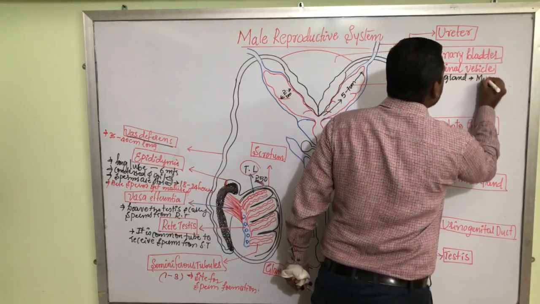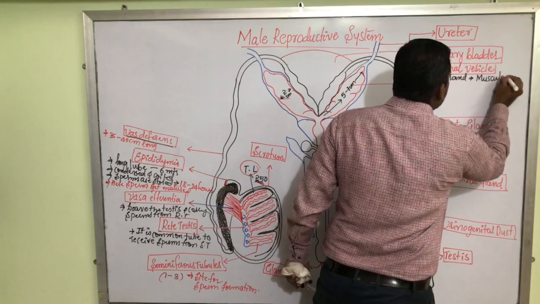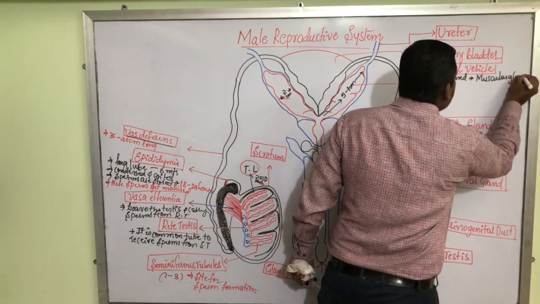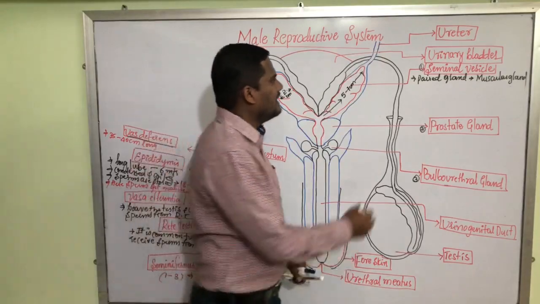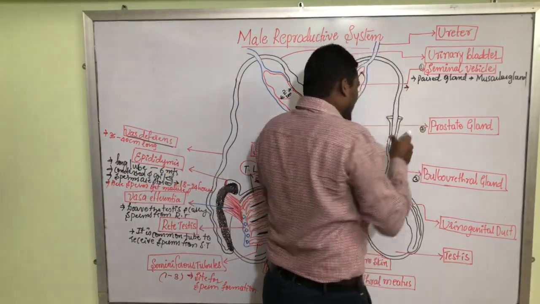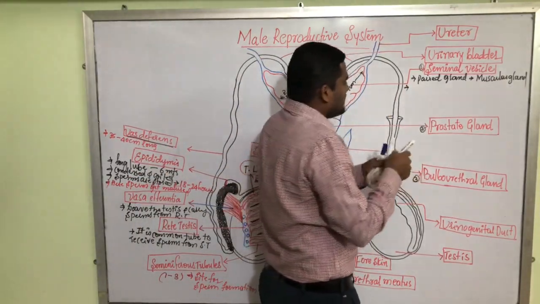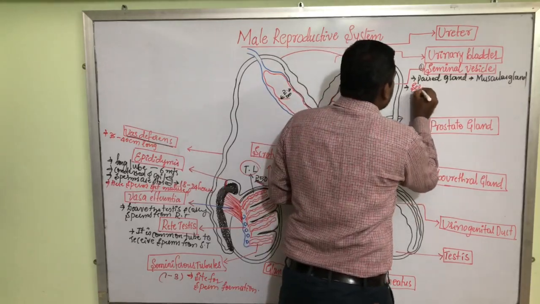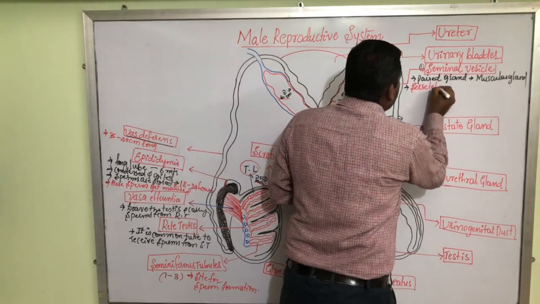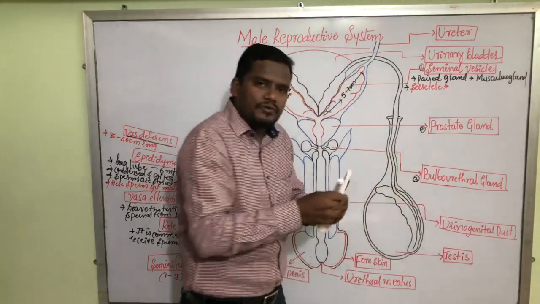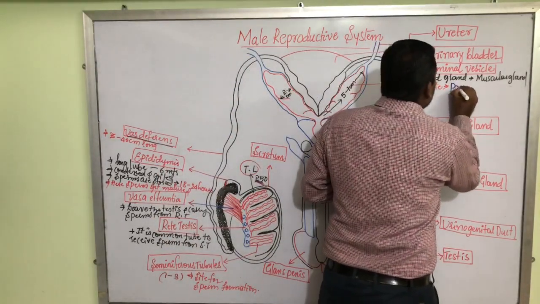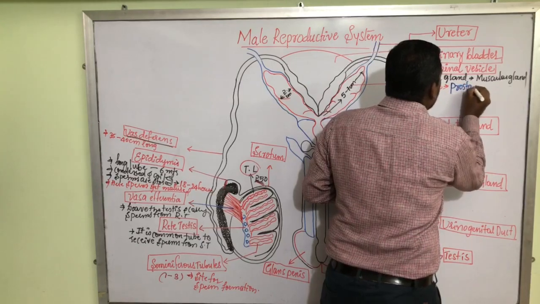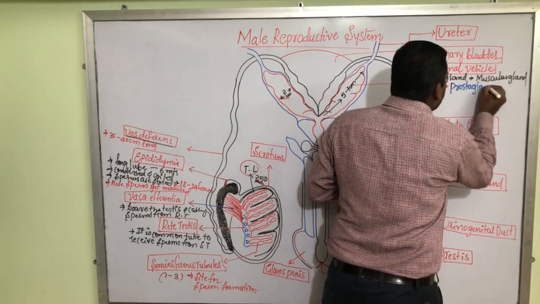And this gland is a muscular gland. एक मस्कुलर ग्लैंड है जो कि मसल से बना हुआ है. Seminal vesicle secretes a very special substance. That special substance is called prostaglandin.